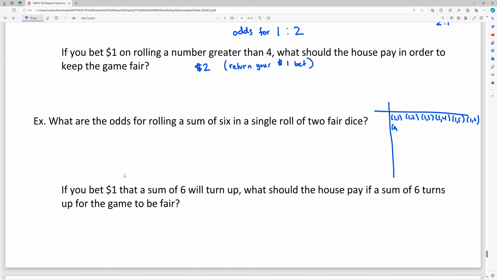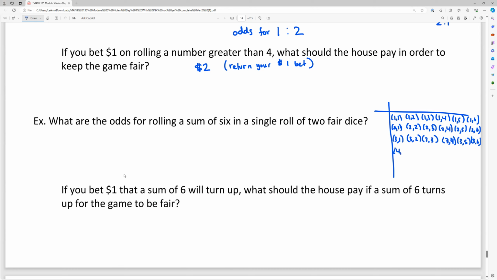We have 2 first, so 2-1, 2-2, 2-3, 2-4, 2-5, 2-6. Then we get a 3 on the first die. We're just running through the 1 through 6 again. Notice once you've made this a couple times, it's not too bad. 3-4, 3-5, 3-6.